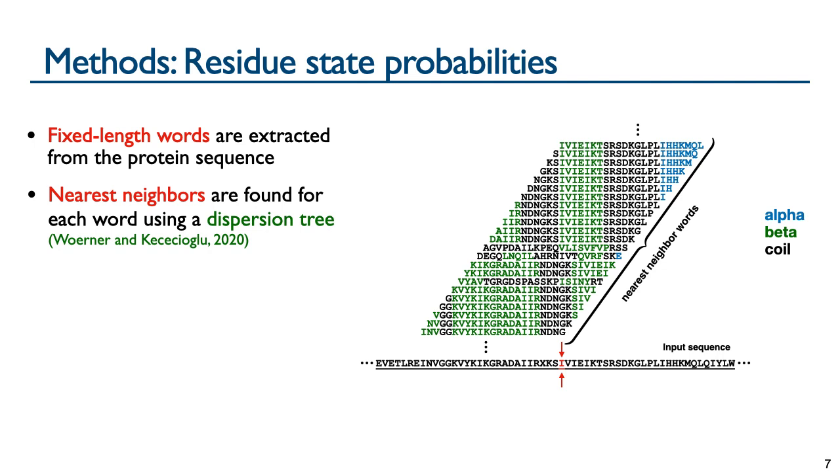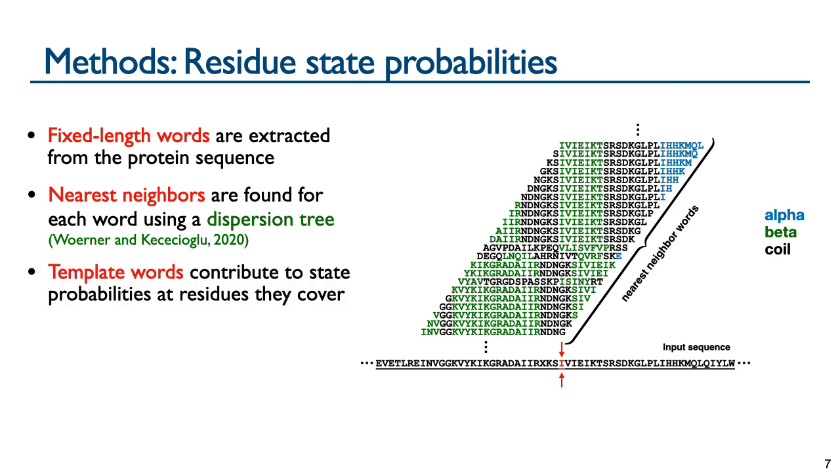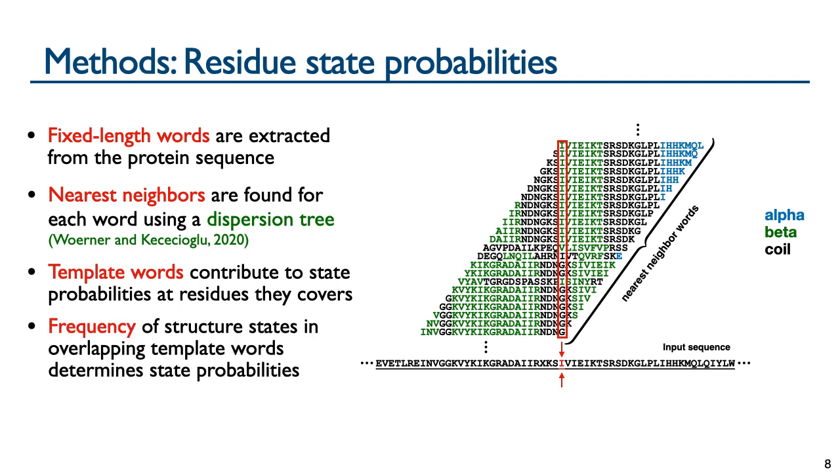These template words contribute to the state probabilities of each residue they cover, where the structure states are indicated by the colors of the letters, where alpha helix is shown in blue, beta strand is shown in green, and coil is shown in black. So for the highlighted residue, the frequencies of structure states of the template words at the box positions determine its state probabilities. For this example, the frequencies of alpha, beta, and coil give the structure probabilities 0, 0.62, and 0.38.